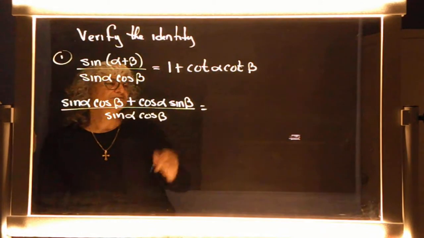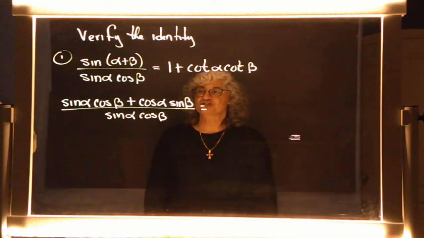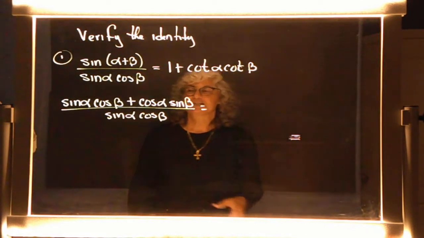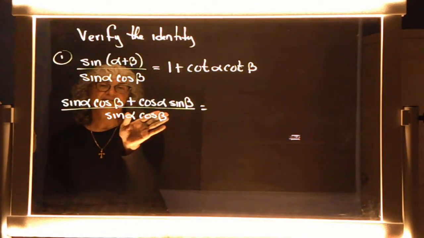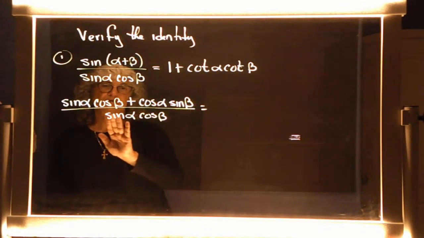And that equals that right side. Agreed? Okay, so now I've got this fraction with an addition problem in the numerator. So help me out. This denominator is a multiplication problem, right? So my question to you is this. This denominator, does it belong to both numerators or just one?